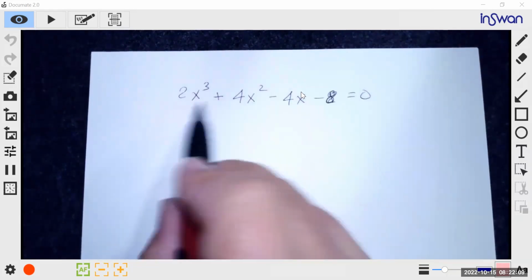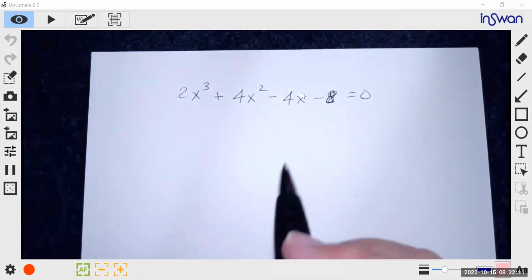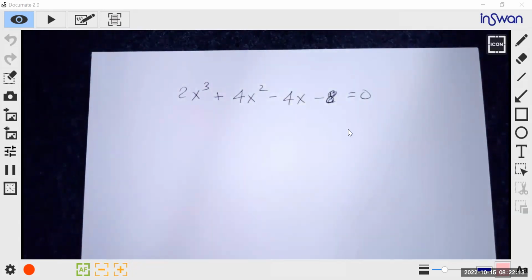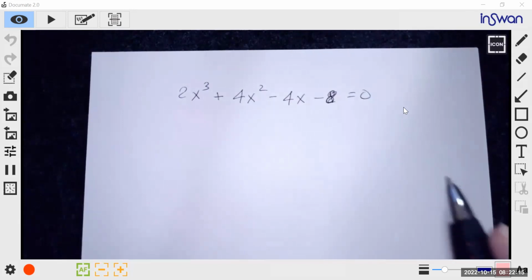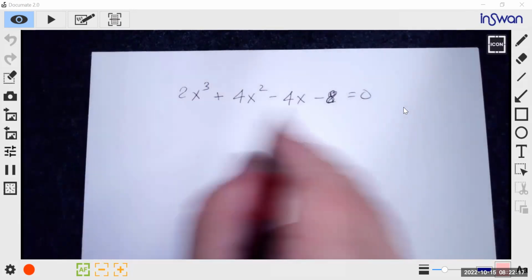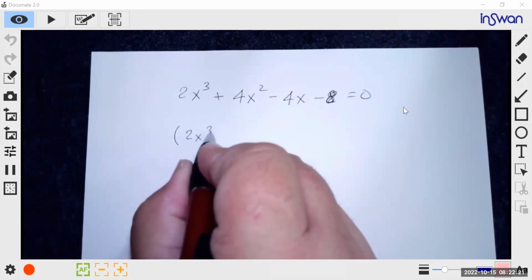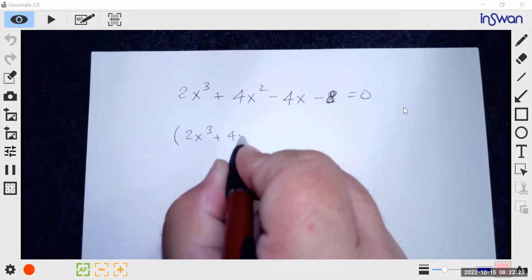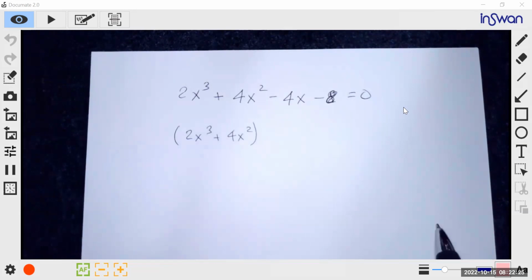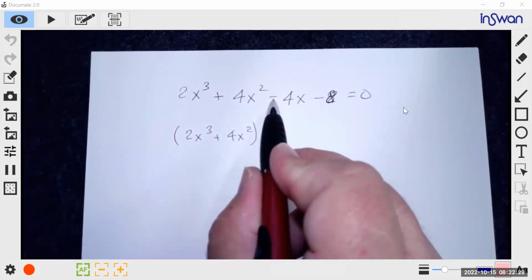So we have 2x cubed plus 4x squared minus 4x minus 8. We have 4 terms, so we have to use the grouping method. Take the first 2 terms, put them inside parentheses.